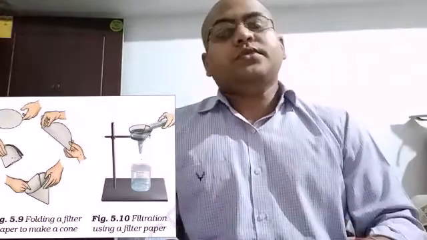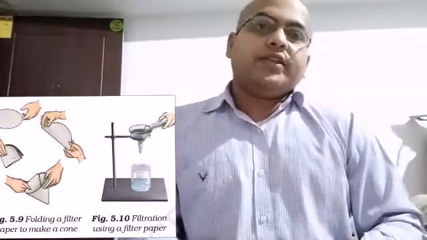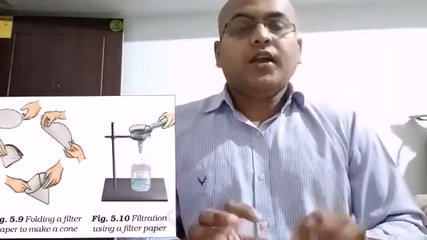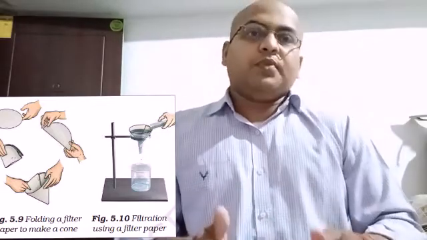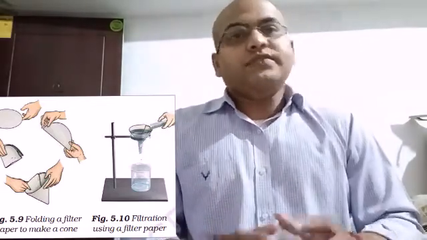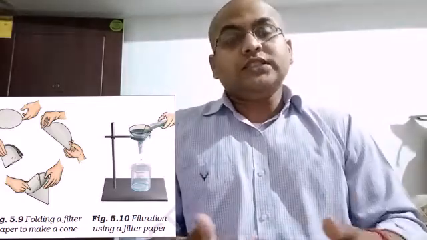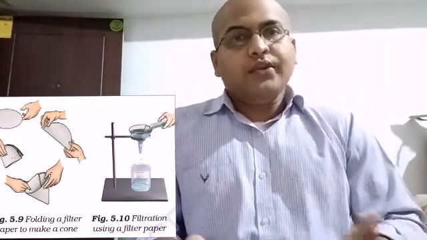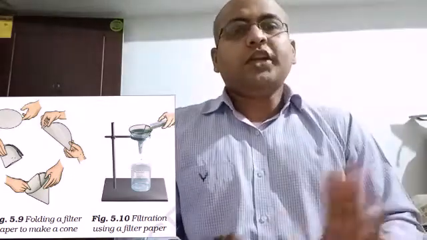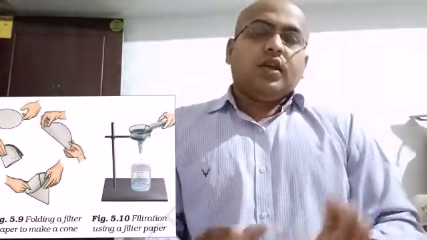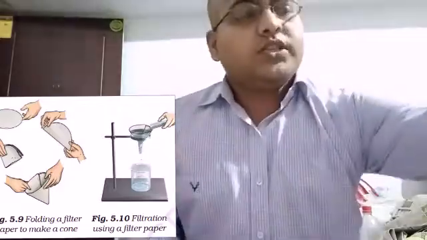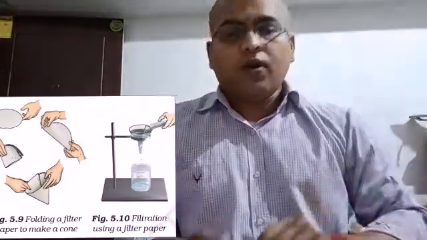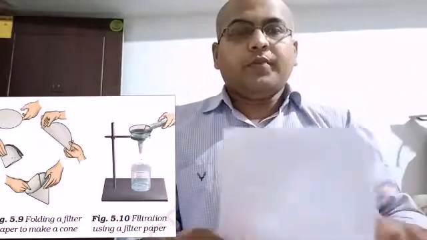Now comes a very important thing, that is called a filter paper. It is a type of paper, but it is called filter paper because it is used to filter liquids and to remove the dirt particles from the liquid. So just try to understand what happens in the filter paper.